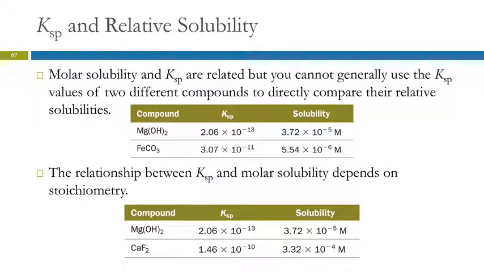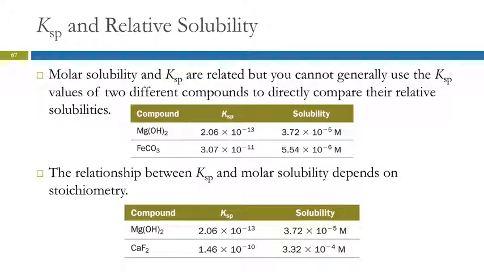So molar solubility and KSP are related. We can find one from the other, but you can't just look at KSP and say, oh, this one's more soluble than that one. Because if we look at magnesium hydroxide and iron 2 carbonate, the KSP of magnesium hydroxide is smaller than for the iron carbonate, but magnesium hydroxide has a larger molar solubility.